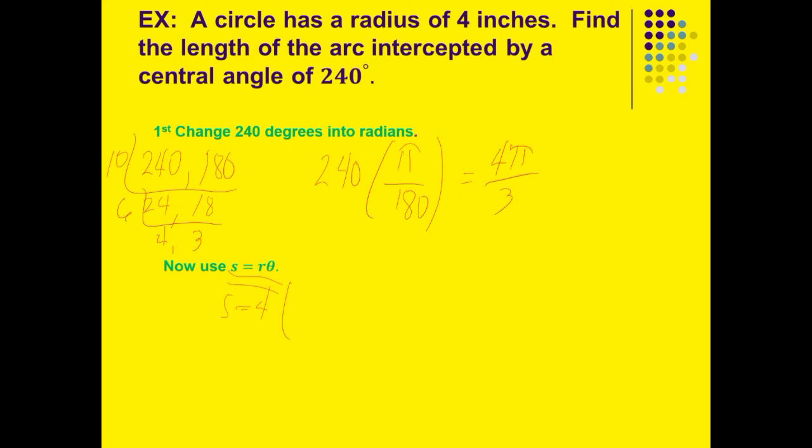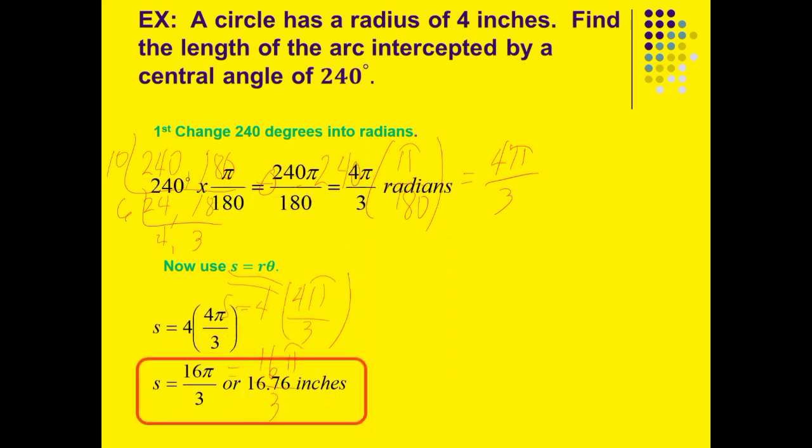So we have 4 pi over 3, the converted angle. So we have now 16 pi over 3 as the value, or 16.76 inches.